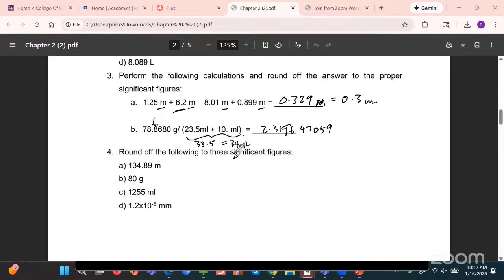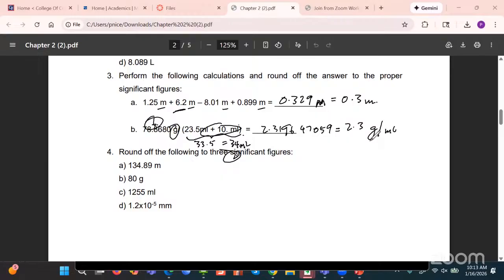And here we have 2 sig figs, right? So that means, what do we do with this? We have to round it off to what? 2 sig figs, exactly. So when we round this off to 2 sig figs, what do we get? 2.3, and the units would be grams per mil, because we had grams divided by mils, so that would be the final answer, 2.3 grams per mil.